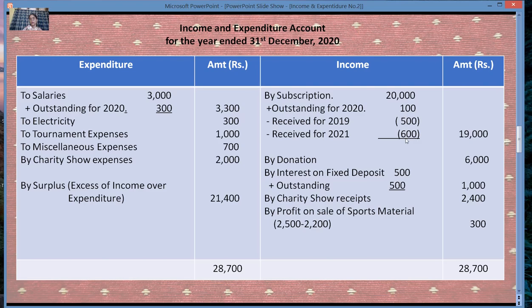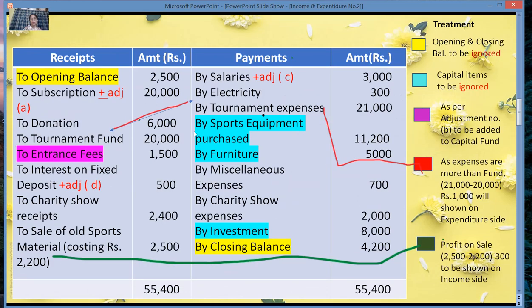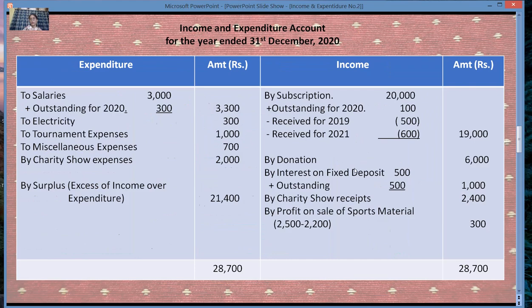After this addition and deduction, we have income from subscription of 19,000. Donation was 6,000 rupees; because it is non-specific, it is shown here. Interest on fixed deposit was 500, and with the outstanding from your adjustments, 500 is to be added, making 1,000. Charity receipts are 2,400. And the sports material sale was worth 2,200 but sold for 2,500, so 300 is your profit.